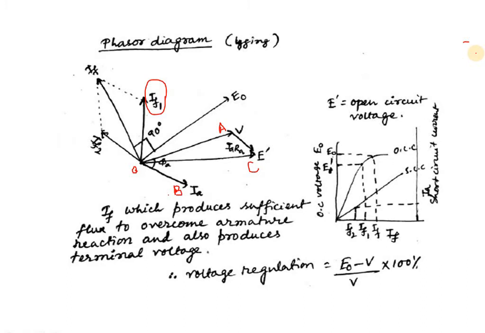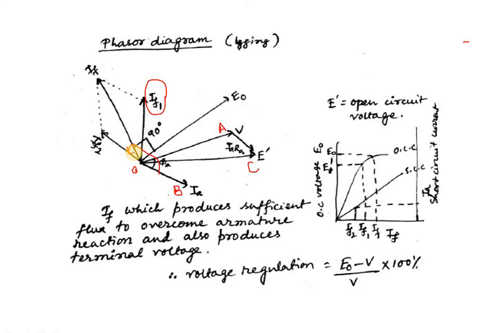This is the field current required to overcome the synchronous reactance drop of IA. Now draw the field current IF2 in phase opposition to IA. Thus IF2 is IF2 angle 180 minus phi. So this is the IF2 we have drawn, which is 180 degrees in phase opposition to IA.